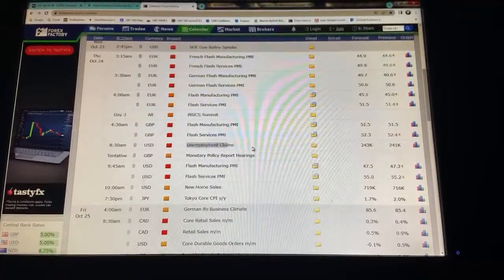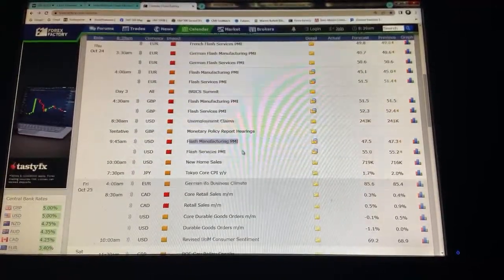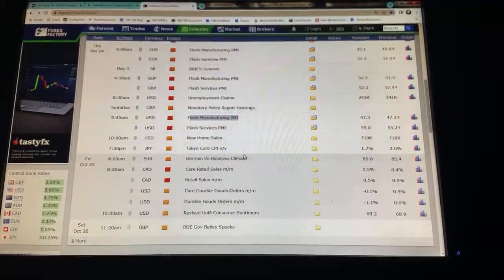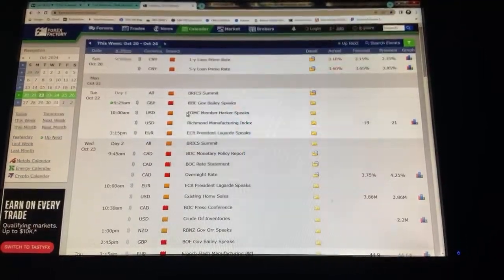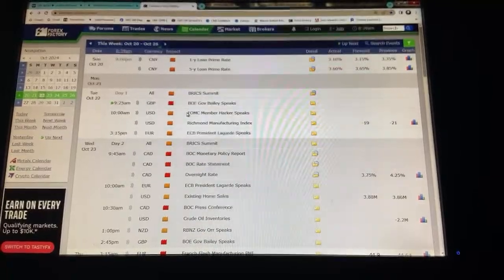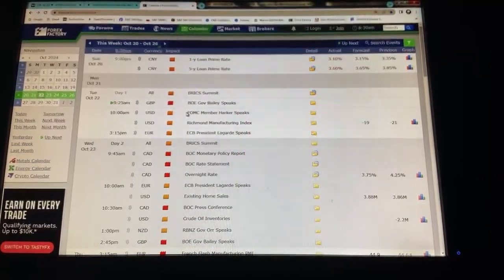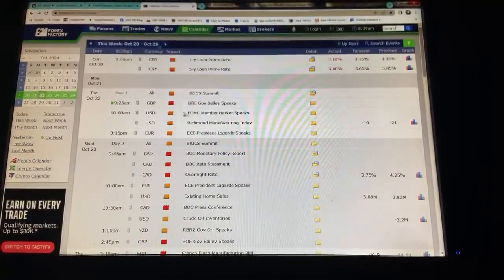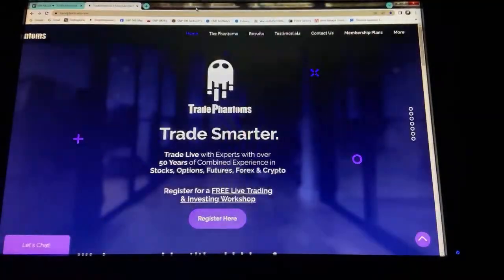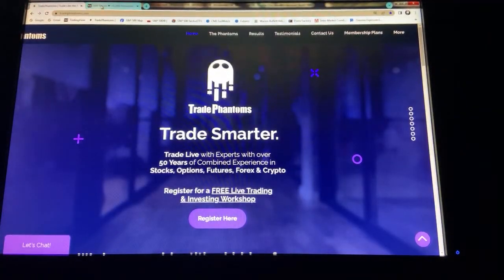We have unemployment claims, and then we get flash manufacturing PMI, so that's something you can put on your radar. Then we close up the week on Friday, nothing too crazy there either. So it's pretty quiet, not a lot of catalysts, all other things being equal with the election and geopolitical events. But pretty quiet for the most part, so just stay close to the tape, the price action.